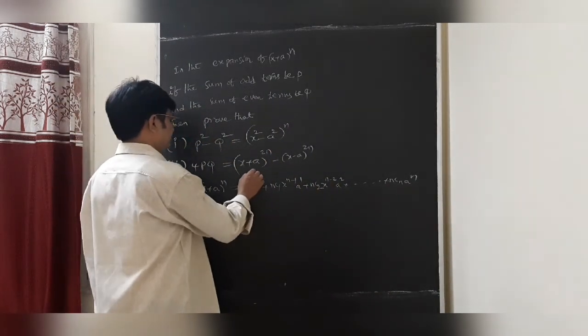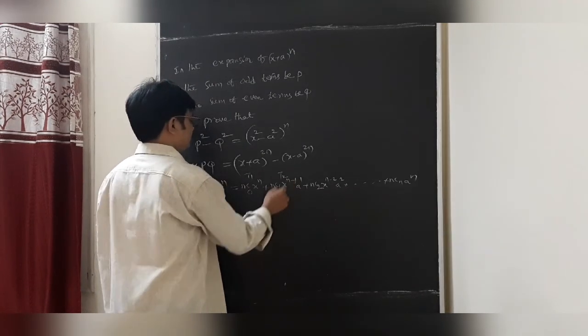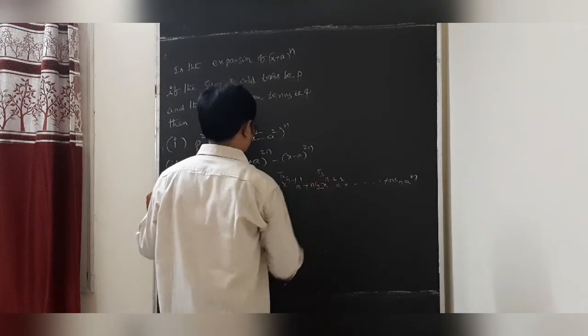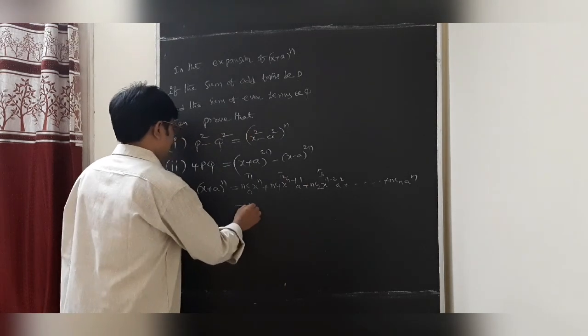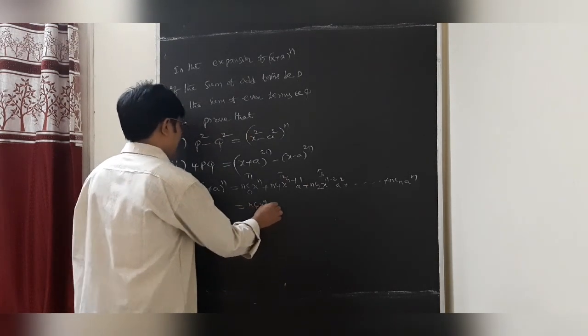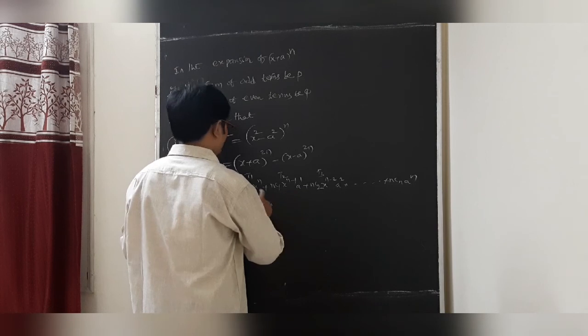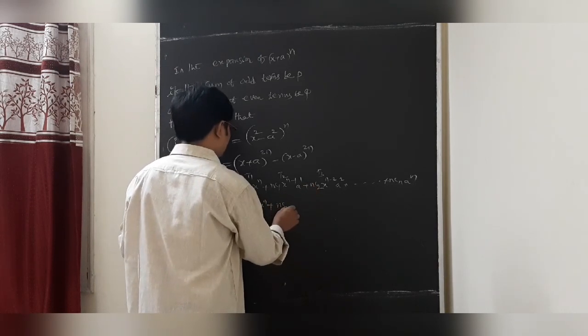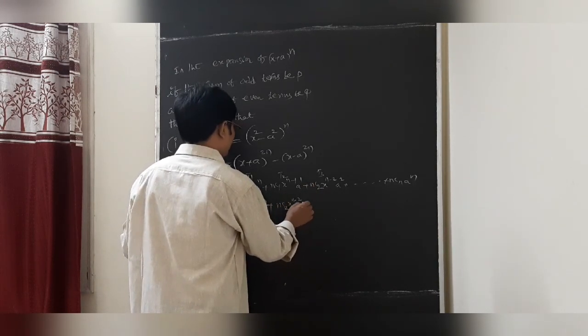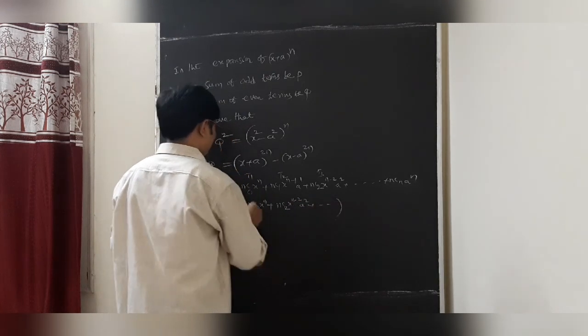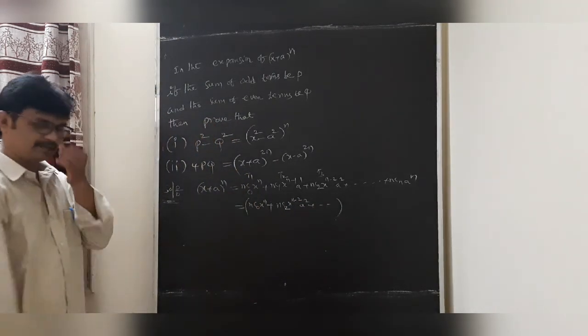So students, here first the sum of the odd terms. This is term 1, this is term 2, this is term 3. So what is it? nC0 x power n. After that, term 3 is nC2 x power n minus 2 a square. These are the sum of the odd terms.